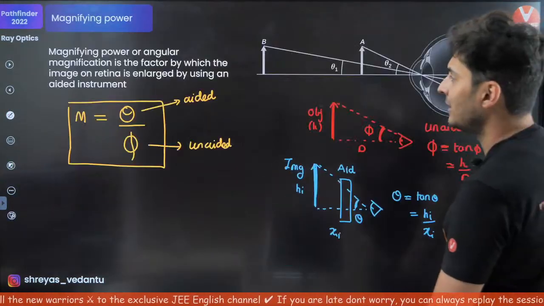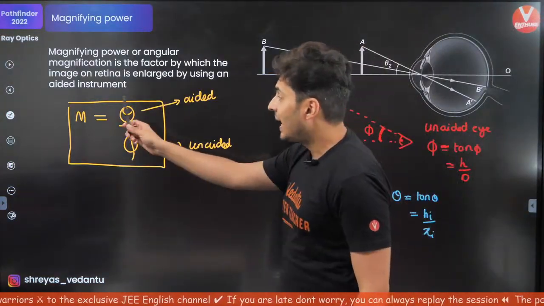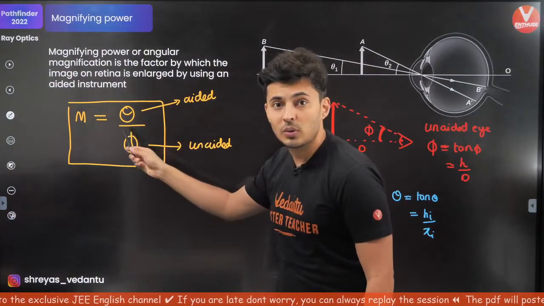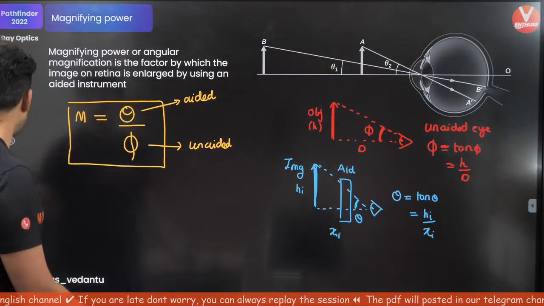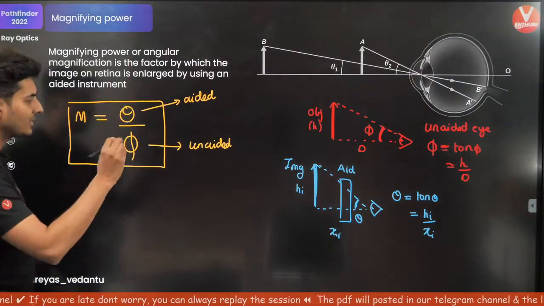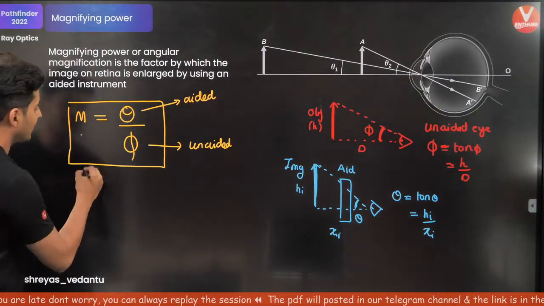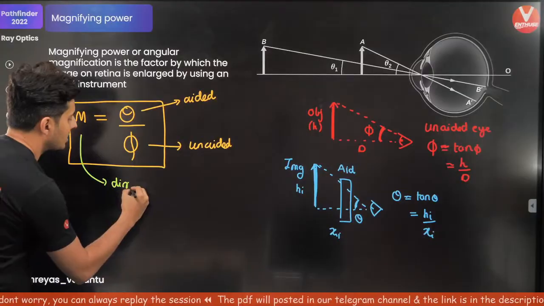And if I go back a little bit, you will realize M is a ratio. It is dimensionless. Very, very crucial. Many students don't know this. So this is basically dimensionless.